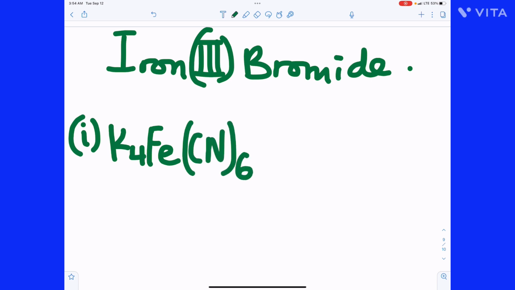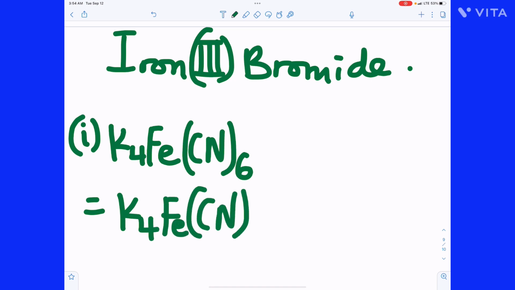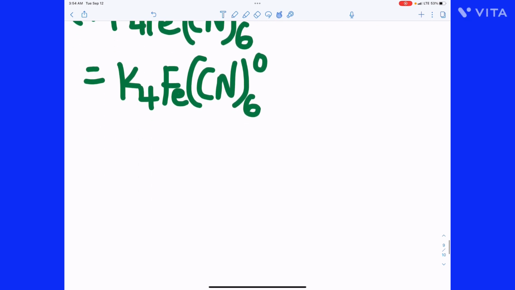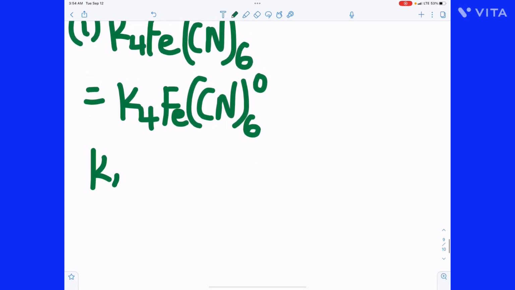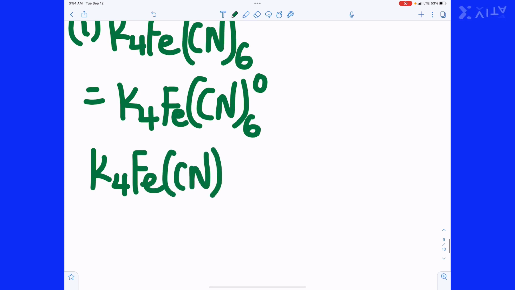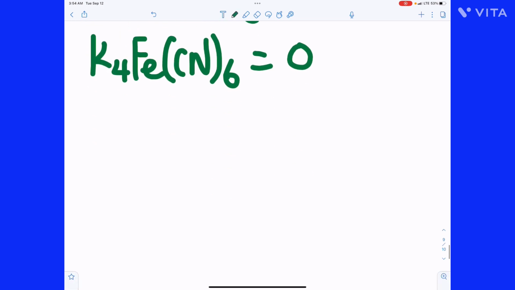K4FeCN6 is the same thing as K4FeCN6 equal to 0. That means the total charge on the compound is 0.